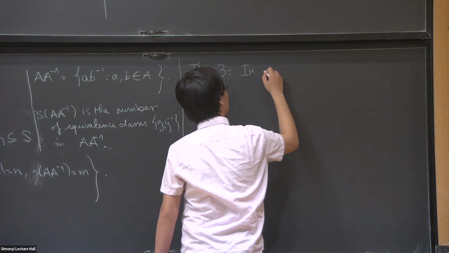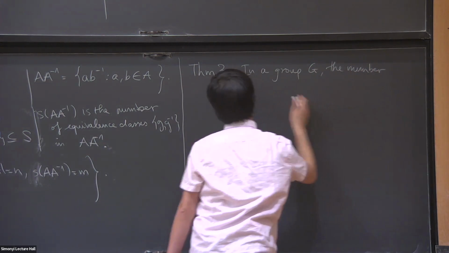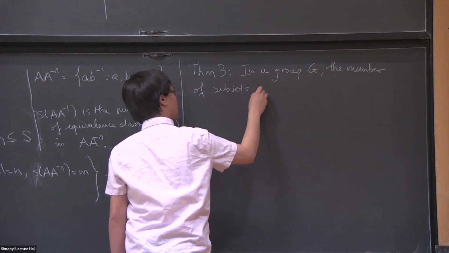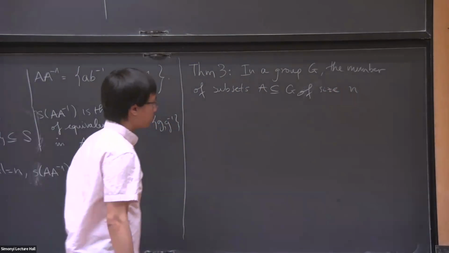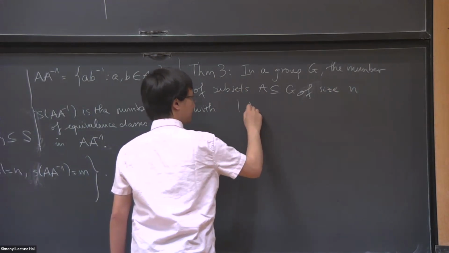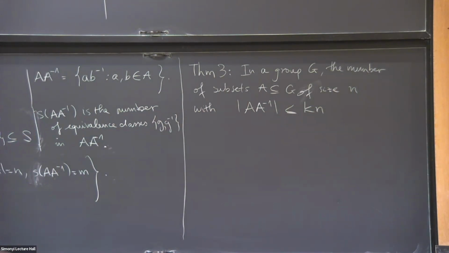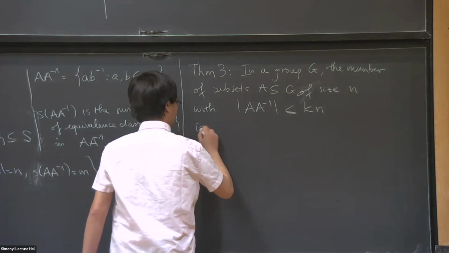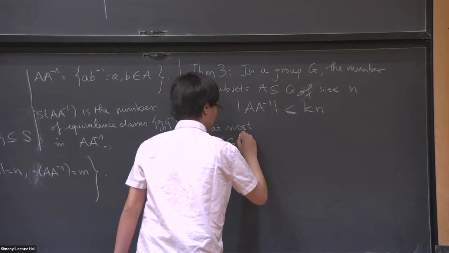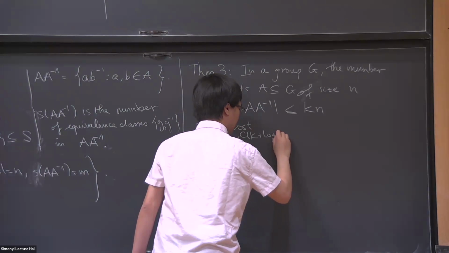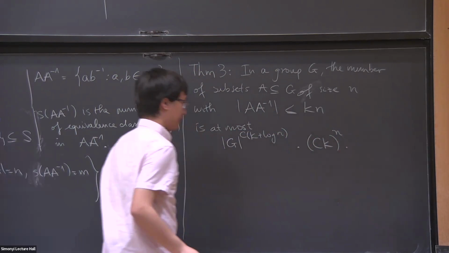That is, in an arbitrary group G, the number of subsets A in G of size little n with the product set A times A inverse of size at most k times n, so A has doubling at most k, is at most the size of G raised to the power some constant times k plus log little n, times some constant times k raised to the power little n.